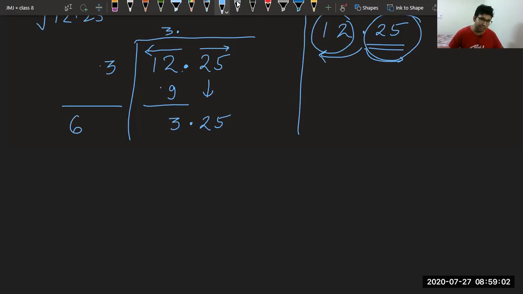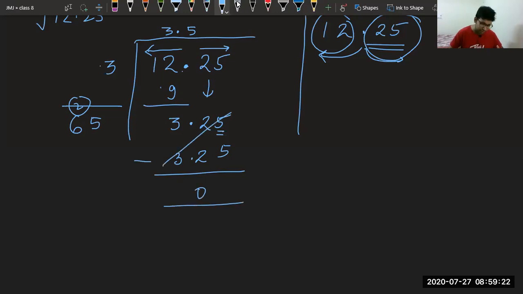We should take 5 because we want 5 at the end. Only 5 can give you 5 at the end. So we will have 5 here, 5 here, 5 5s are 25, 5 6s are 30 plus 2 is 32, sorry, 325, and if you subtract you get 0 as the answer.